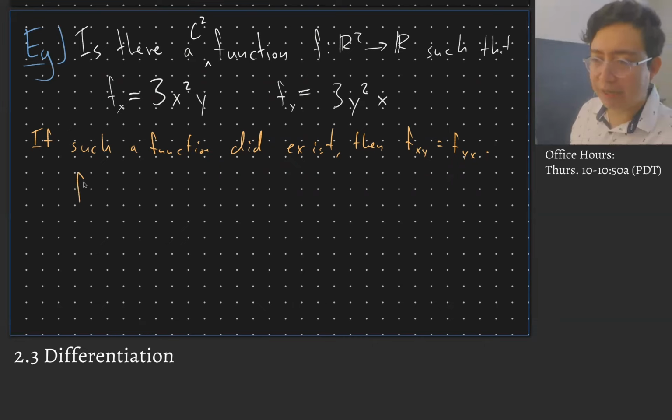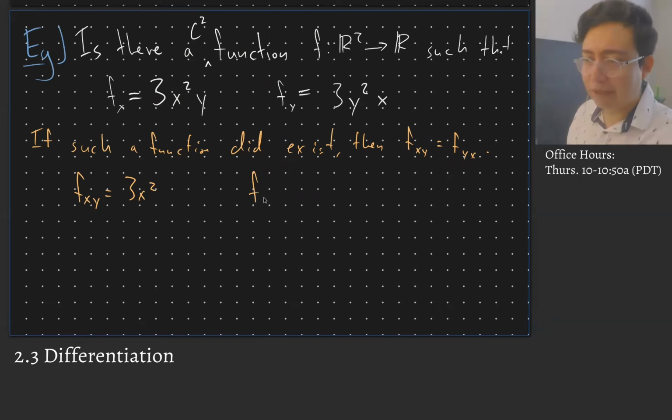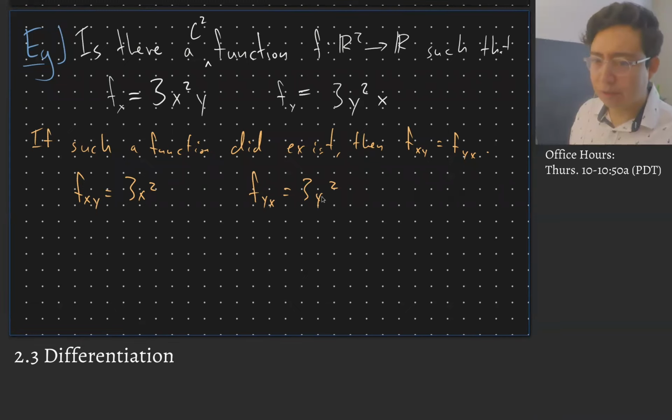Let's see what f sub xy is. Well, f sub xy is the derivative of this with respect to y, so that's 3x squared. And then f sub yx, well, that's the derivative of this with respect to x, which is 3y squared. So we actually got something different here.